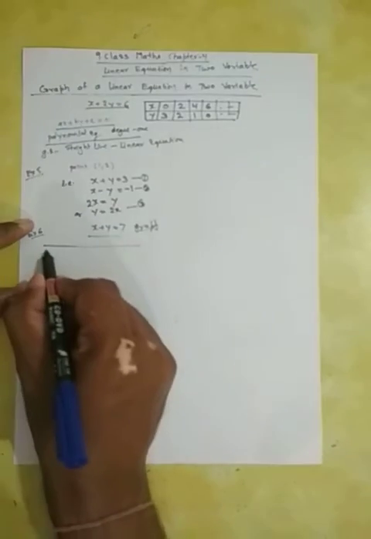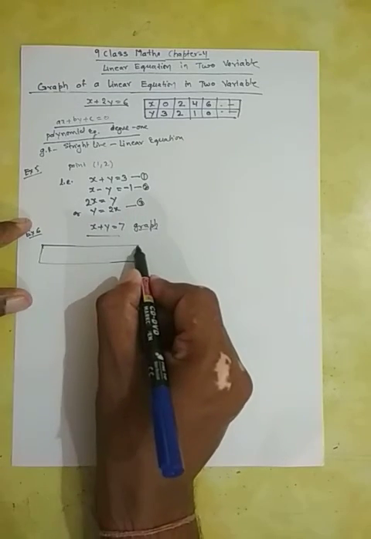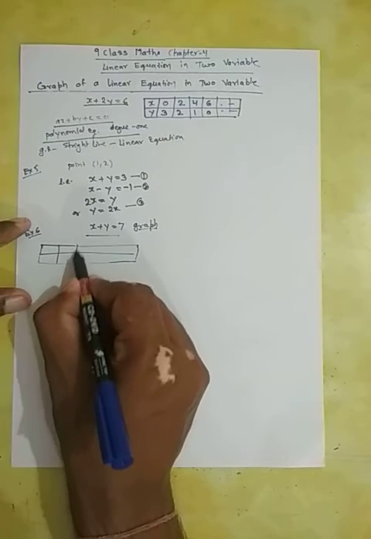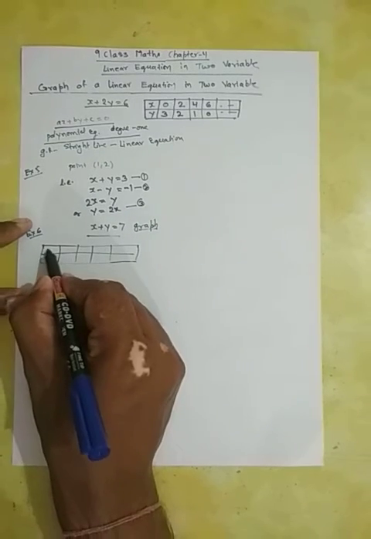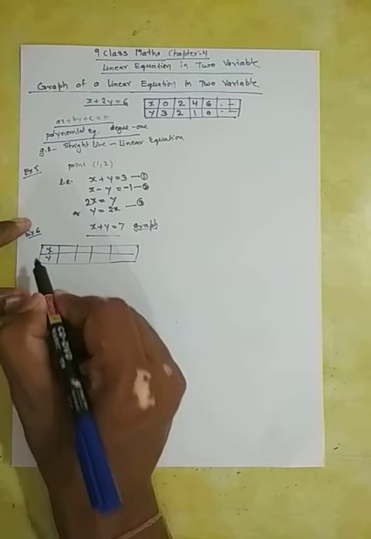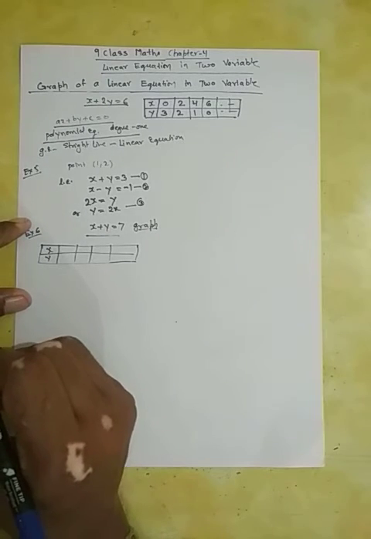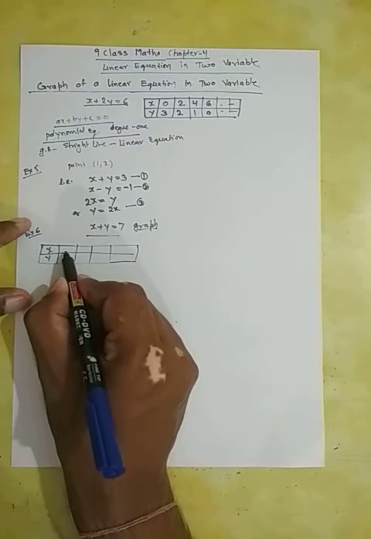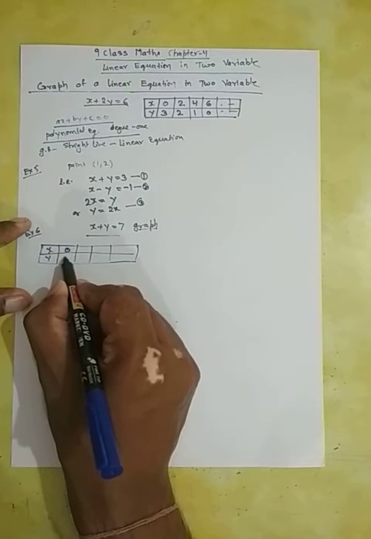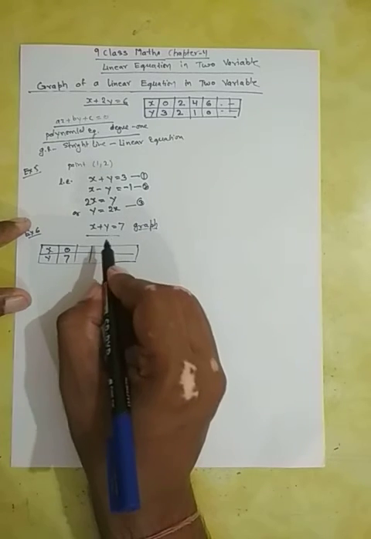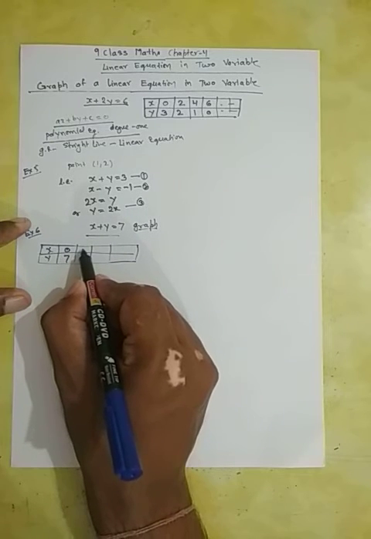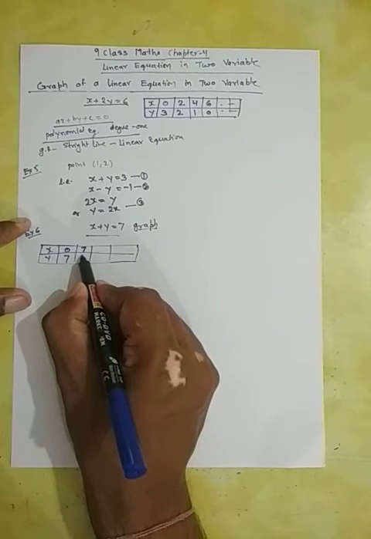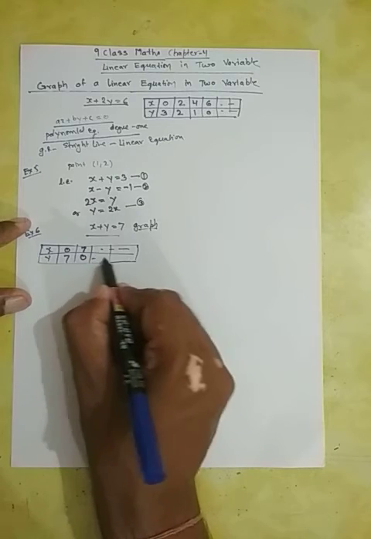We draw a table, then the solution comes as a pair of x and y. We put in this equation x equal to 0, then we find y equal to 7. Then we put x equal to 7, then we find y equal to 0, and so on.